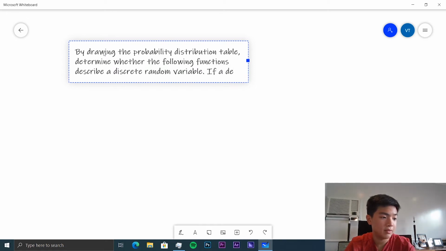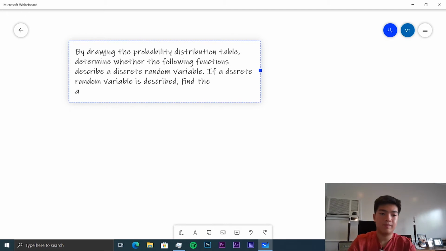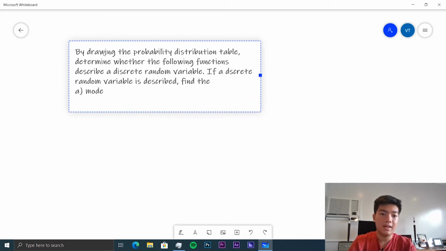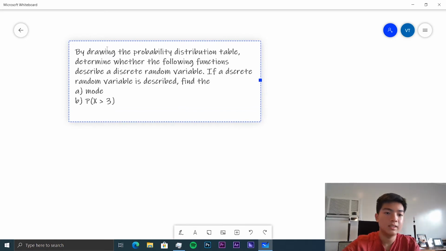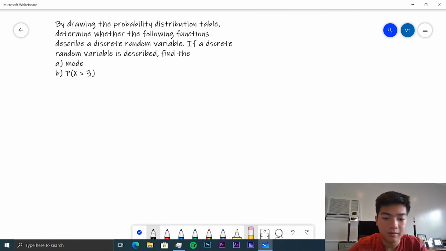If a discrete random variable is described, find the mode and the probability that the variable will be greater than 3. So the first case is this function. We only have one actually. Okay, cool.